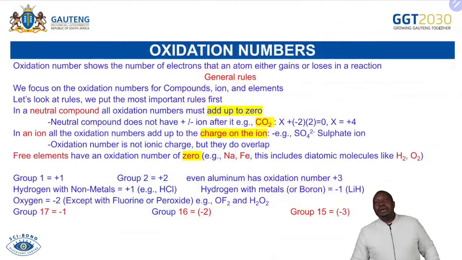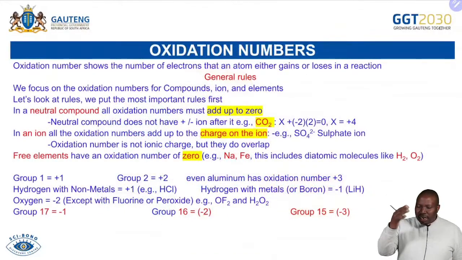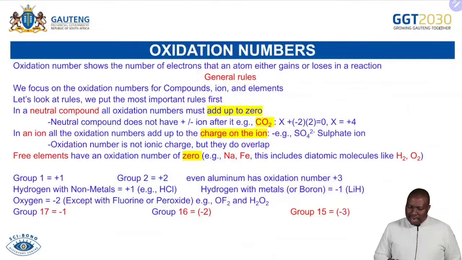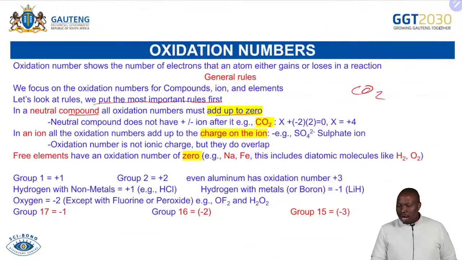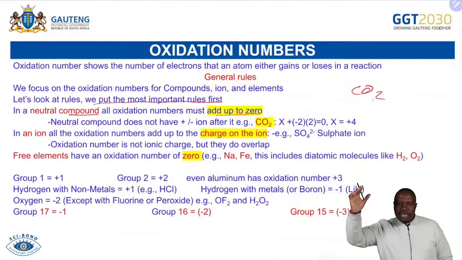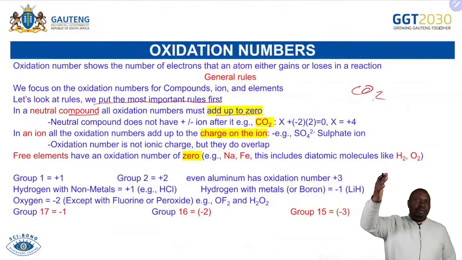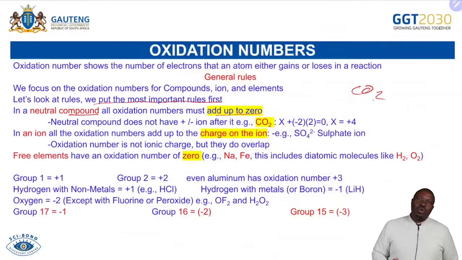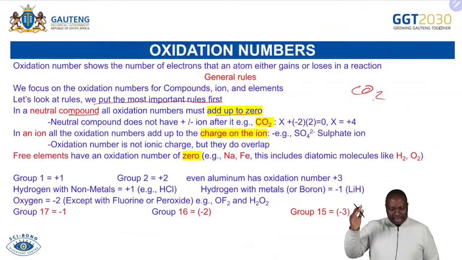Now, oxidation numbers, I will just remind you of the most important rules, which we put first. For this one, we're saying a neutral compound's oxidation numbers always add up to 0. So, for example, when you're given CO2, oxygen, we said, is -2. Remember those charges I was showing you: group 16 is -2, group 17 is -1, group 15 is -3, group 14 or group 4 is plus or minus 4, group 1 is plus 1, group 2 is plus 2, group 3 is plus 3.